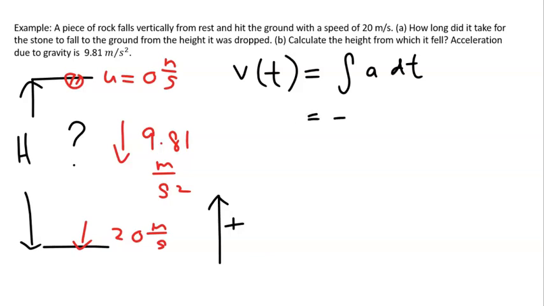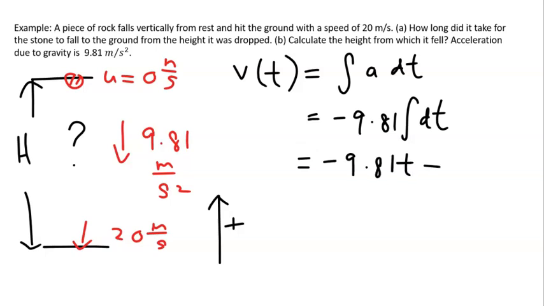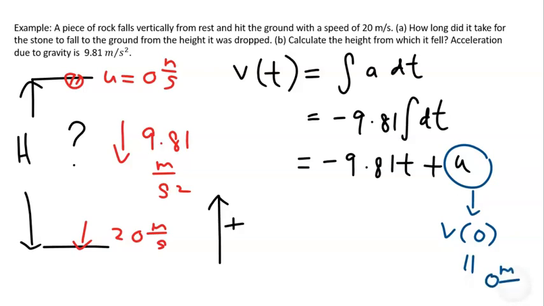So the integral will simply become minus 9.81 integral of dt, which is minus 9.81 t plus an integration constant. Now this integration constant is the value of v at t equals 0, namely the velocity when the motion began, and we know it is 0 meters per second. So the complete expression for instantaneous velocity is minus 9.81 t.